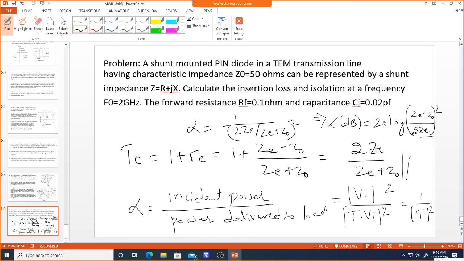Now this ZE which is given, for the forward bias and the reverse bias, we need to find it out. In the forward bias case, we can take ZE equal to RF, which is equal to 0.1 ohm.